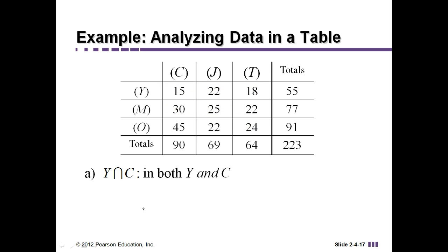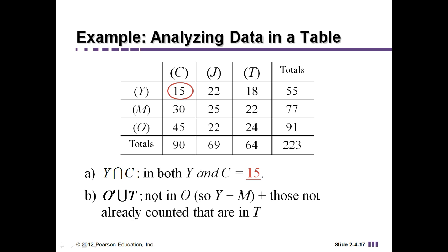Let's look at our example. We already talked about this. So let's go with this. The things that are not in O are all of the things in Y and M. Okay? So the 55 and the 77 are the things that are in Y and in M. When I count the things that are in T, I can't count the things that I've already counted.